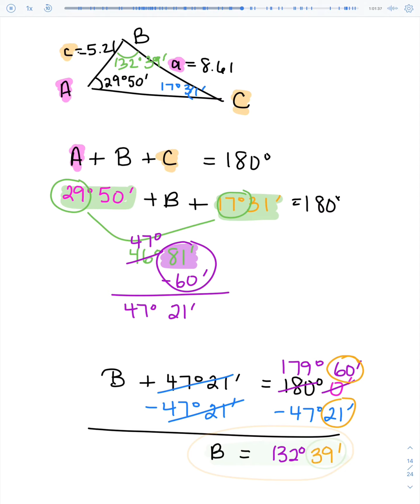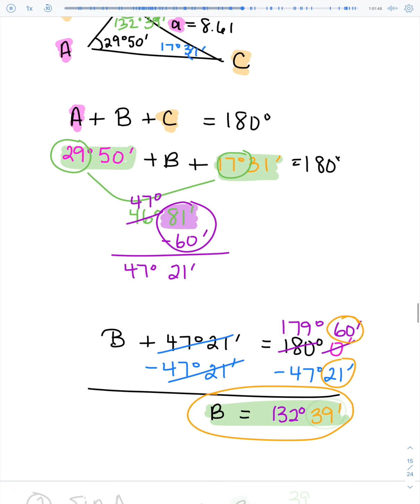So there's our angle B that can also get filled in on our picture. Angle B is 132 degrees and 39 minutes.